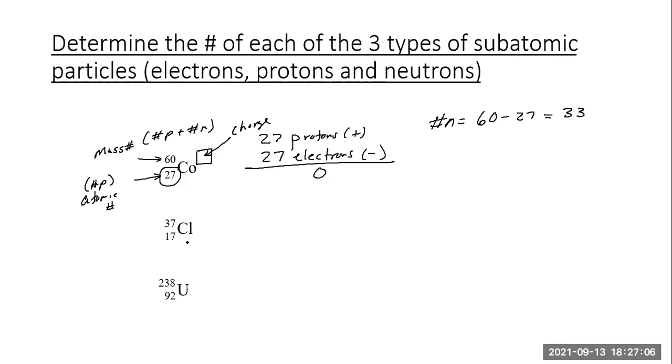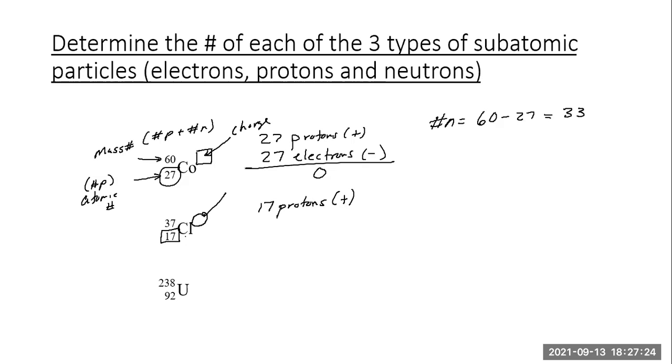Coming down to the next one, this is chlorine. Again, we see nothing written here, so we can assume it's neutral. The best place to start would be right here. That's 17, which implies that's the atomic number, which means there are 17 protons.